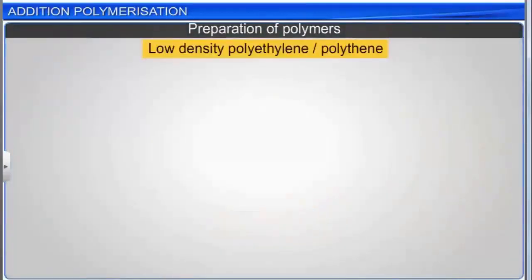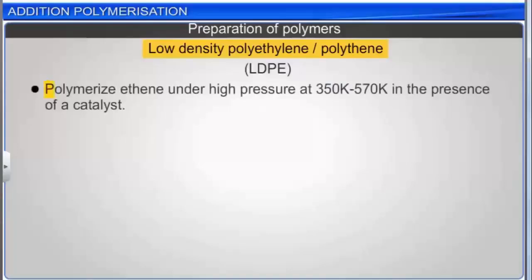Low-density polyethylene or polythene is often given the acronym LDPE. To obtain LDPE, it is necessary to polymerize ethene under high pressure in a temperature range of 350 to 570 Kelvin in the presence of a catalyst.